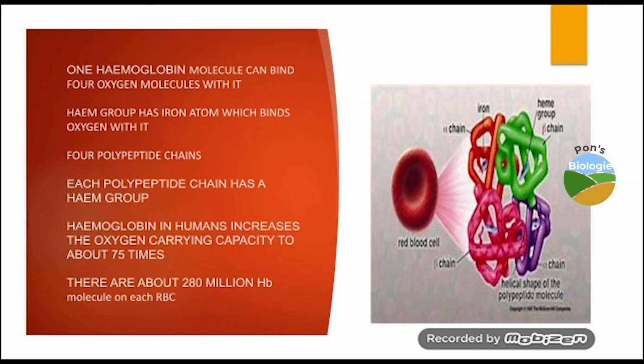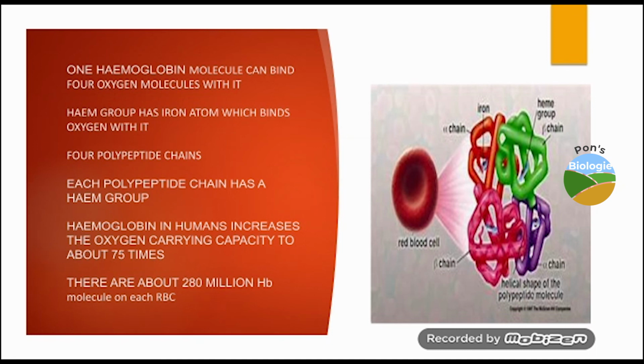You can see there are 4 chains. 2 of them are called alpha chains and the other 2 are known as beta chains. These are ribbon-like structures which are helically coiled around one another. The alpha chains are present diagonally to each other.